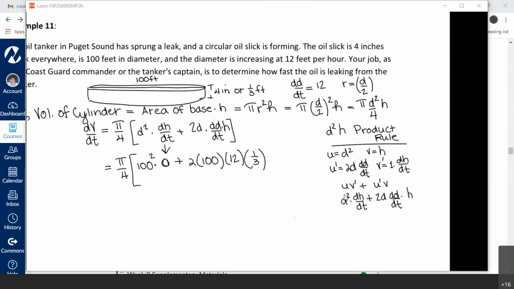The u is d squared, and the v prime is just dh dt. The u prime is 2d dd dt, and v is h. So I'm not sure where you mean. Can you ask it a little differently?